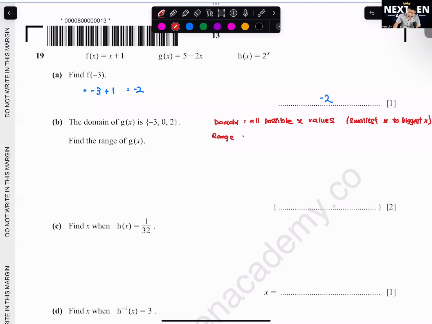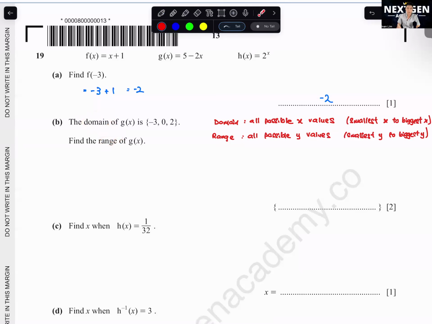Range is all possible y values. That means your smallest y to biggest y value. So we need to understand the definition here first.